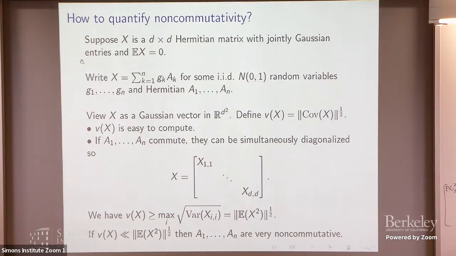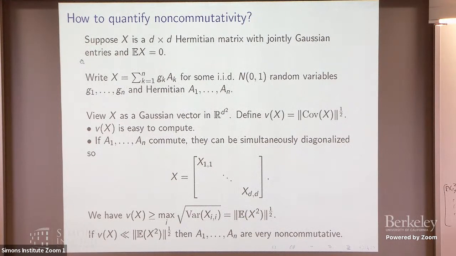The most important thing is that the norm of the covariance matrix is at least the largest diagonal entry of the covariance matrix, plus a bunch of zeros.